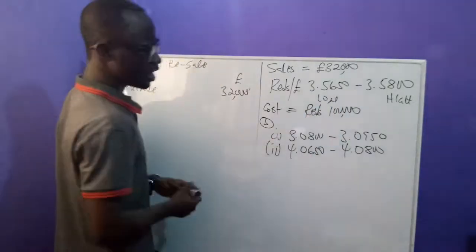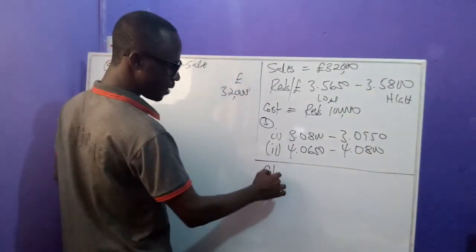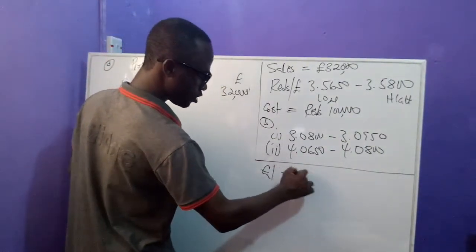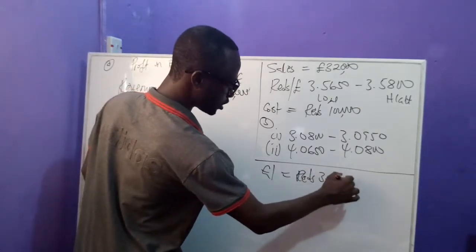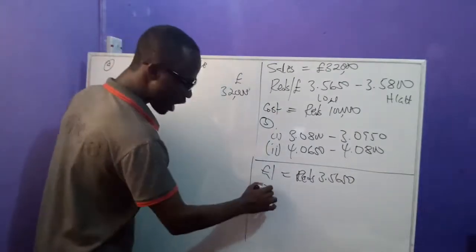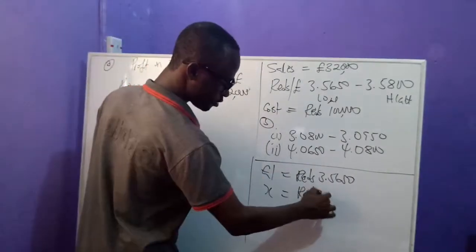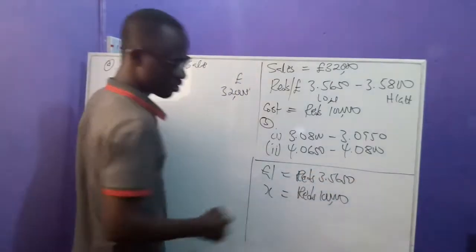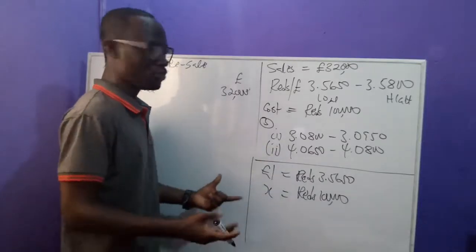So if the forex is selling at a low rate, you know that a pound will be equal to 3.650 rands. So how many pounds will 100,000 rands be? When we do the cross multiplication, we will have to divide.